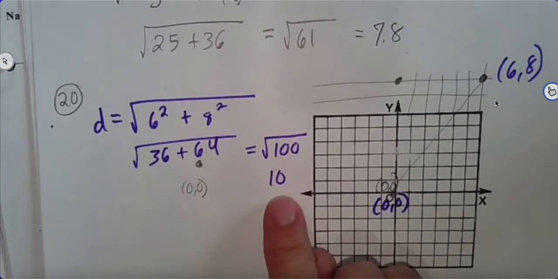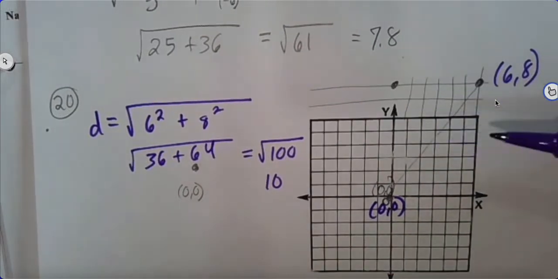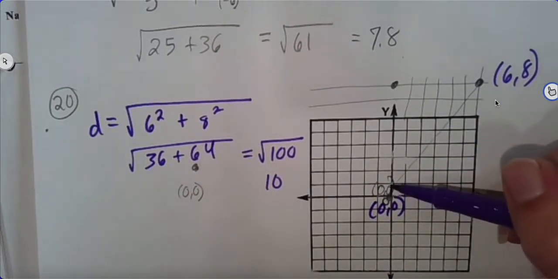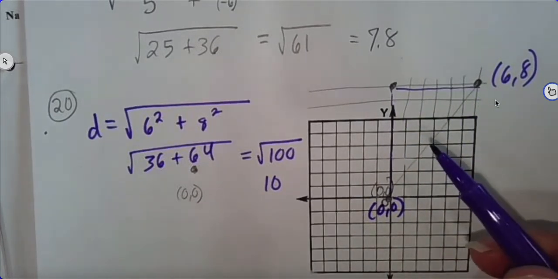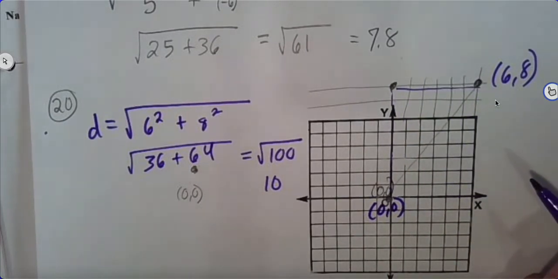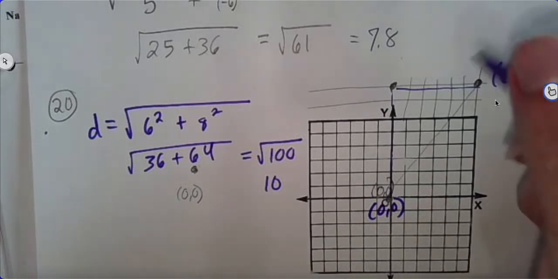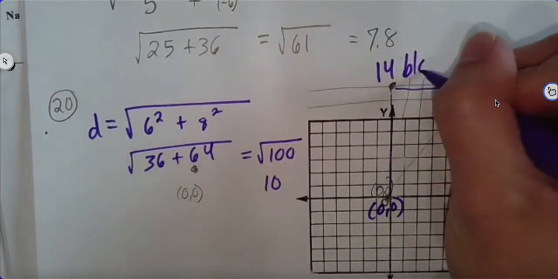But wait, that's probably not the answer. It says, how much shorter would his walk be? Okay, so this one, you would walk 8 and then 6. How many blocks is 8 and then 6? Well, what's 6 plus 8? 14. 14 blocks.